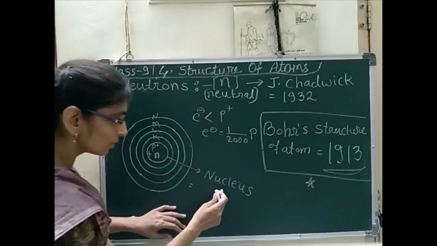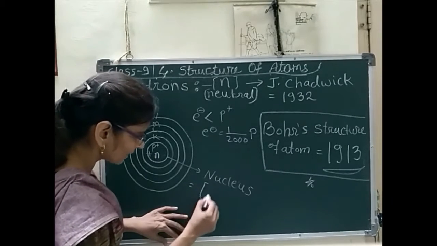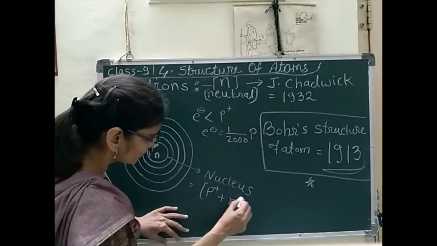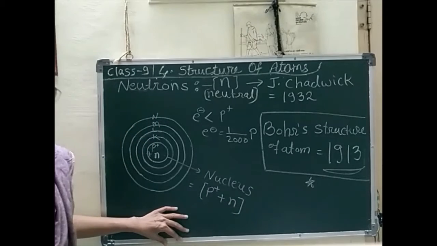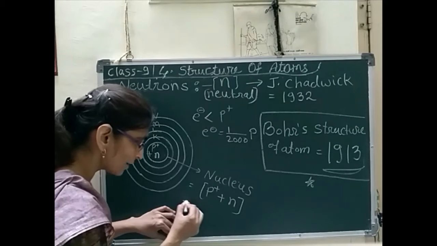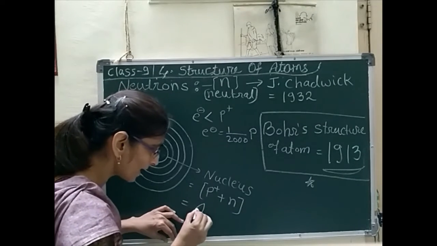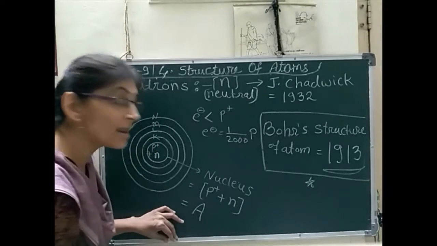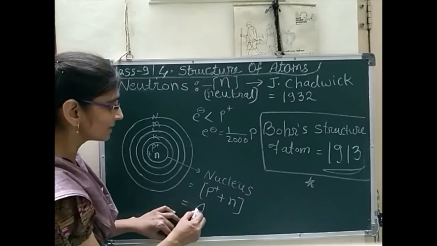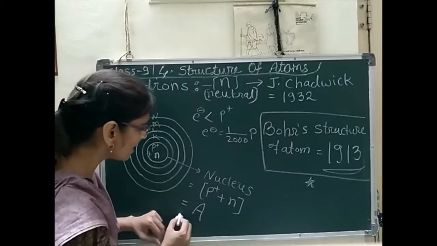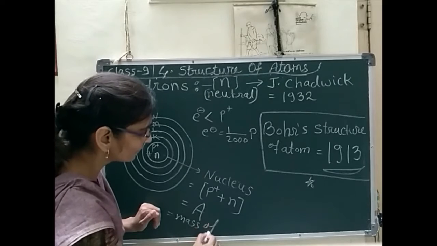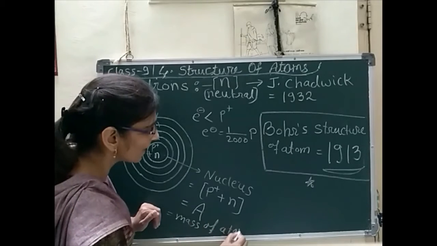This nucleus now has protons plus neutrons, and this is equal to the atomic mass, which is denoted by capital A. It is the mass of the atom.